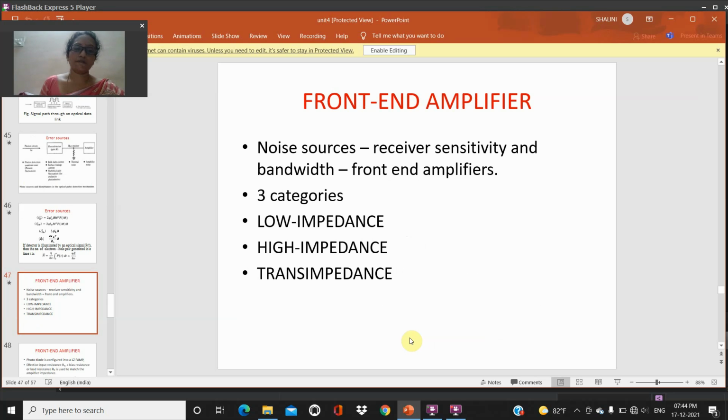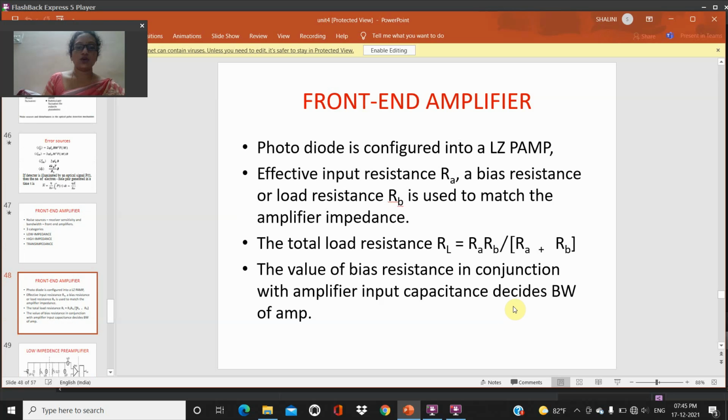What are the front end amplifiers? They involve noise sources, receiver sensitivity, and bandwidth. There are three categories: low impedance, high impedance, and transimpedance.